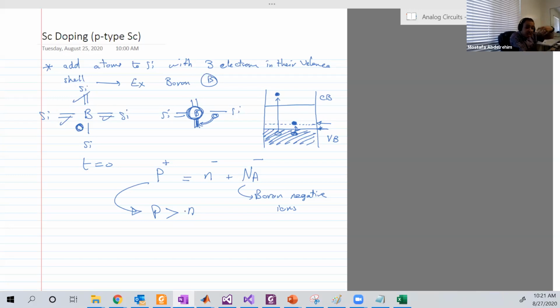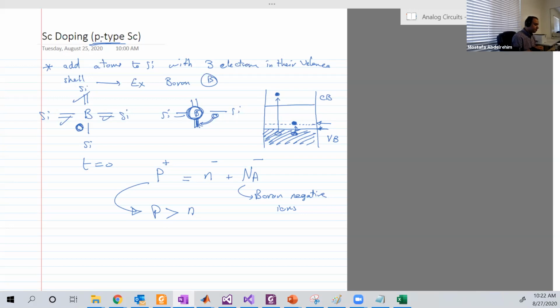And since we increase B, we call this type of semiconductor an extrinsic semiconductor, P-type. So the previous one was called N-type because we increased the concentration of electrons N. And here, since we increase the concentration of holes, we call this P-type semiconductor.